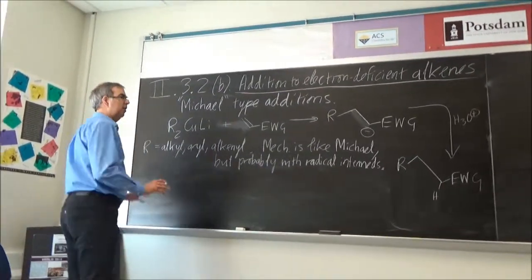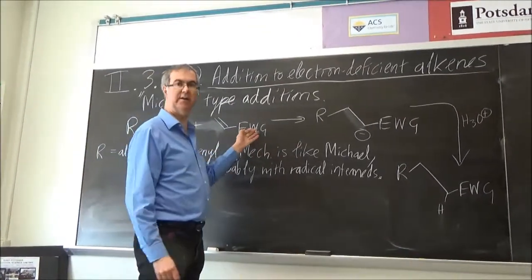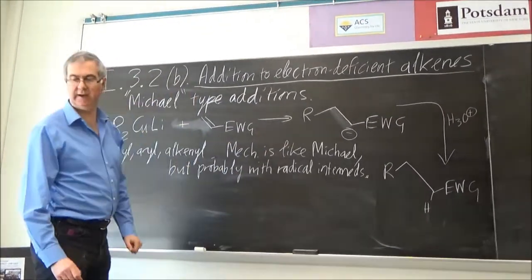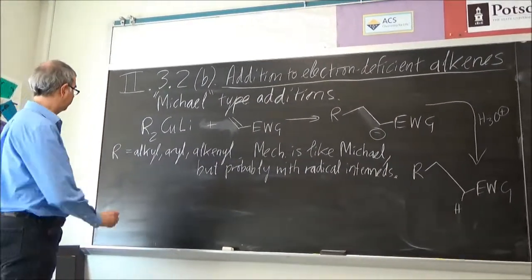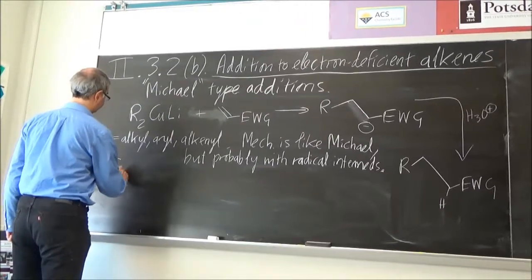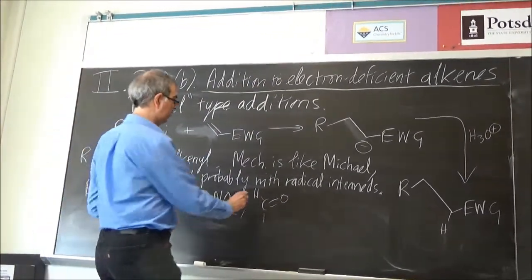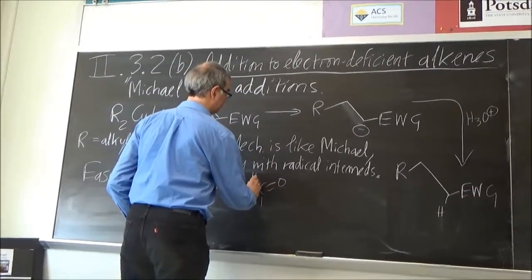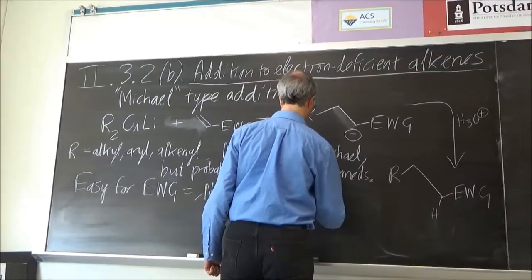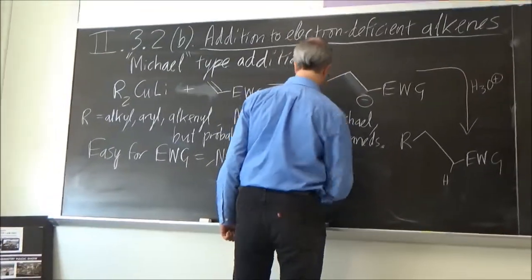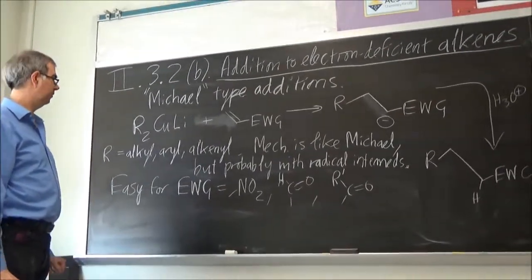Now, how well this reaction goes depends a lot on the electron withdrawing group. And if you have a really strong one like nitro, it goes pretty well. So it's been observed it's fast with nitro, with aldehydes, that's supposed to be an H there. Even ketones add quite quickly to this.